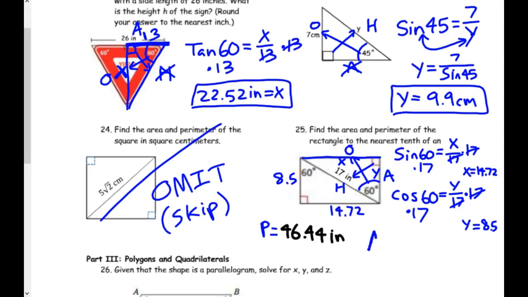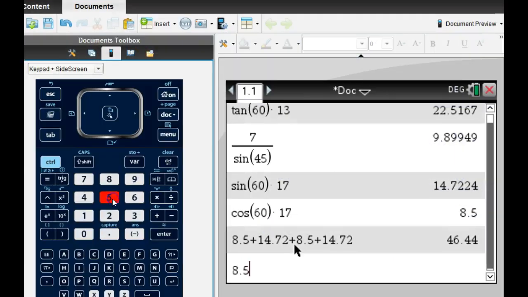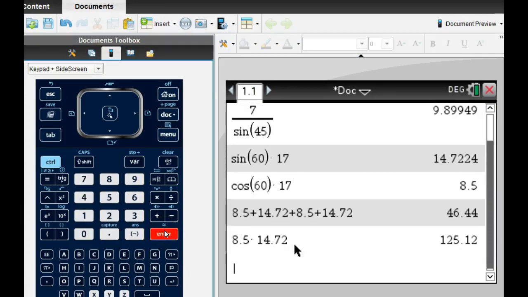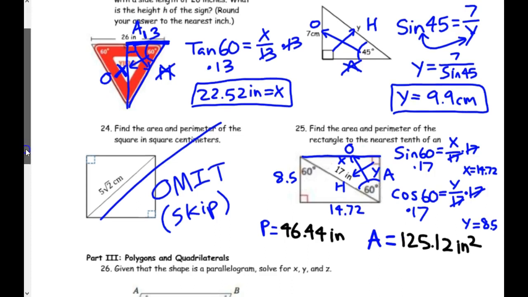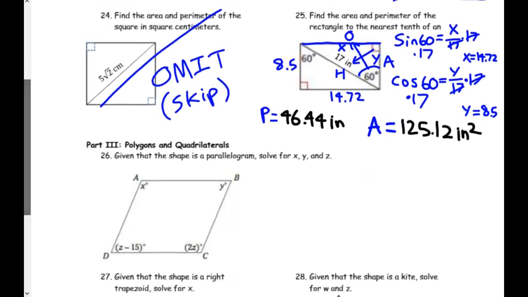Right? And then my area equals length times width. So I'm going to do 8.5 times 14.72, 125.12. This time that's going to be in inches squared. It's area. So that was a lot of work, a little bit of space. You can do it though.